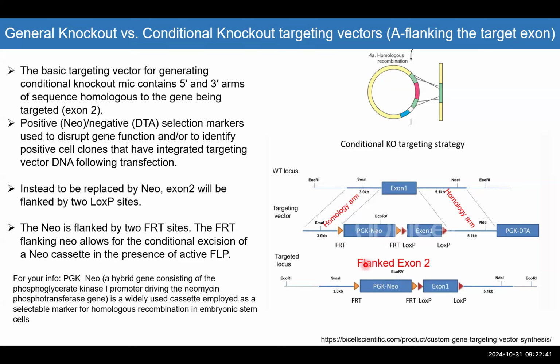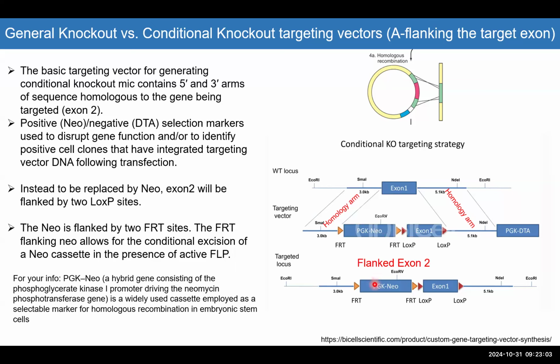Okay, so the end product of this conditional knockout targeting vector is that simply in 2 steps, I introduced first the exon with LOXP sites, and then I also have the FRT around that neomycin cassette.